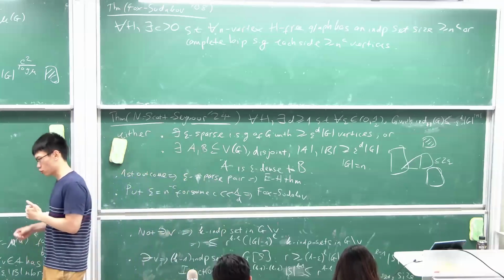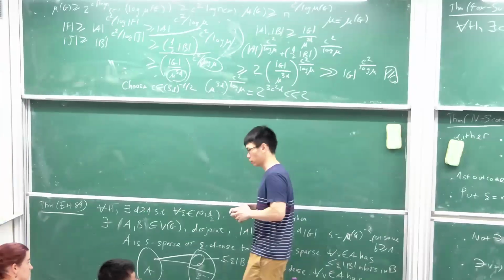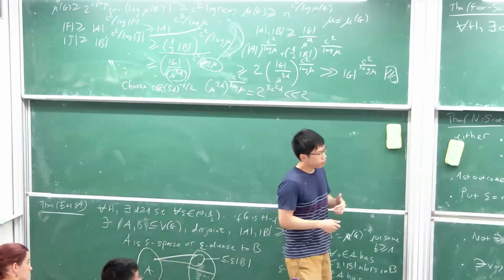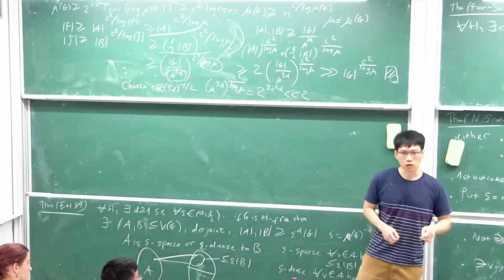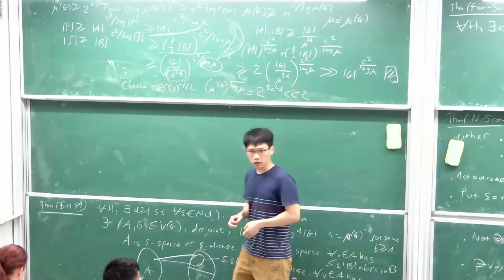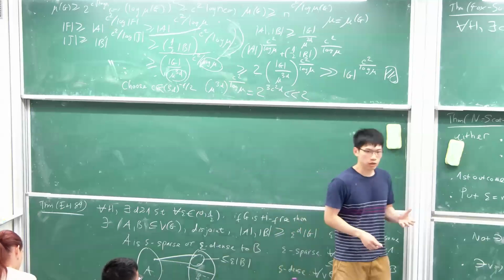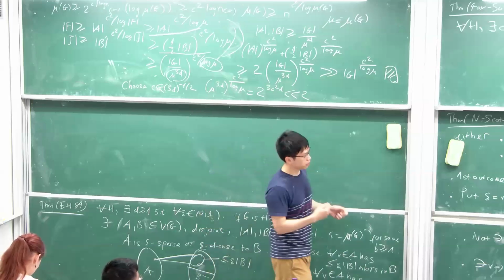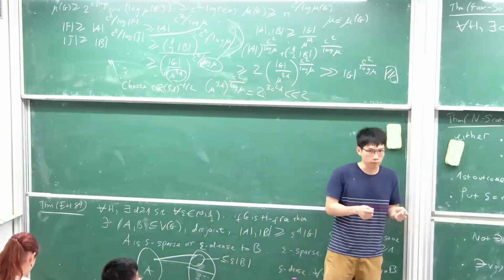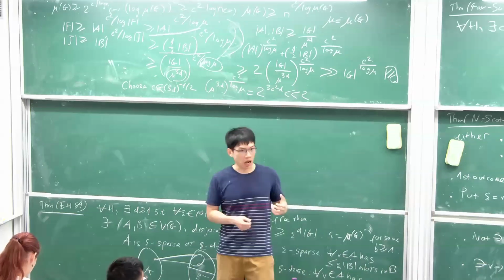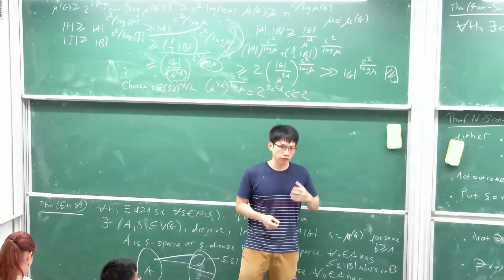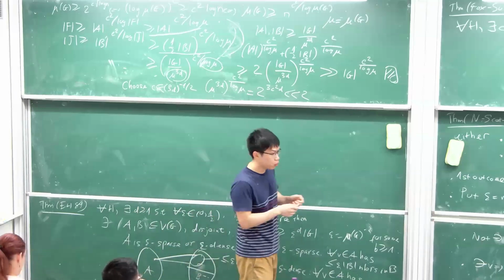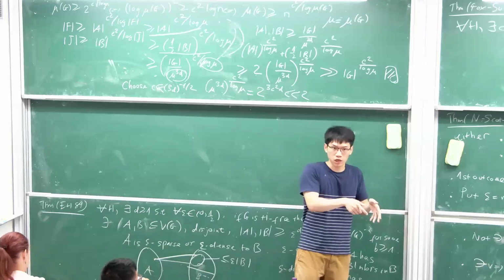I'm going to design a procedure so that if I have lots and lots of copies of H, then I can build many copies of H with one more edge, and by doing so I'm going to fix the endpoints of the missing edge of H. After I have many copies of H, I fix all but the two endpoints of that edge, and now look at the set of candidates for the endpoints of the missing edge.